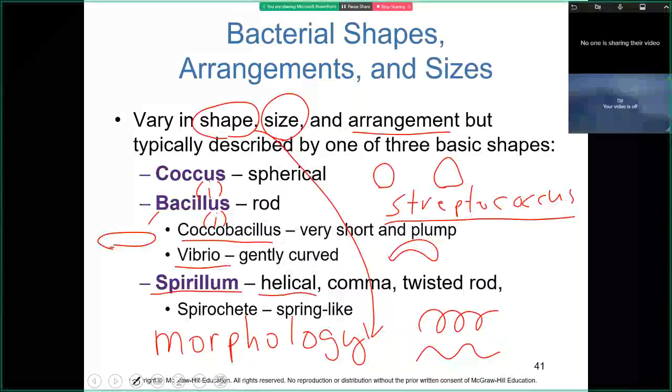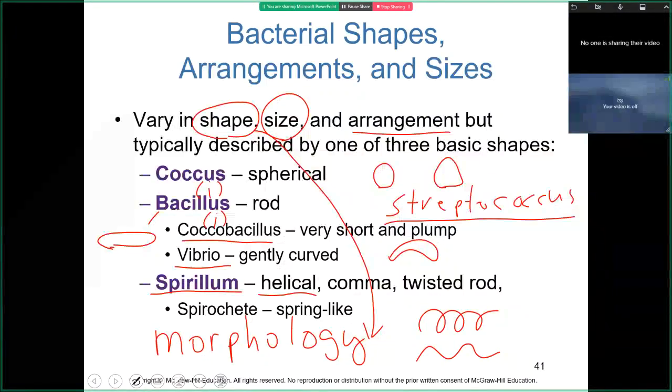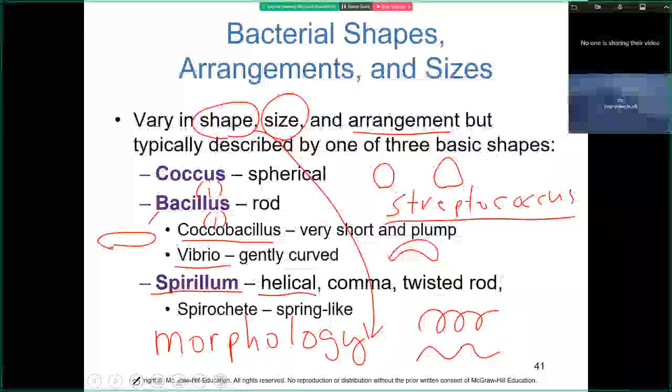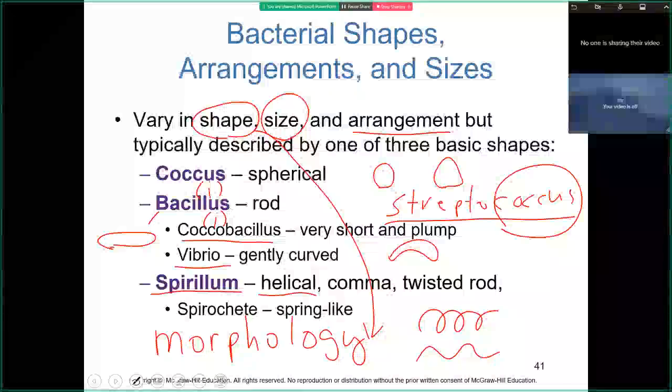Or if I have a word processor and I can italicize it, I would do that. We always set scientific names off with underlining or italicization. But yes, Streptococcus, you can see in there right away, you know that morphology, that organism is coccus.